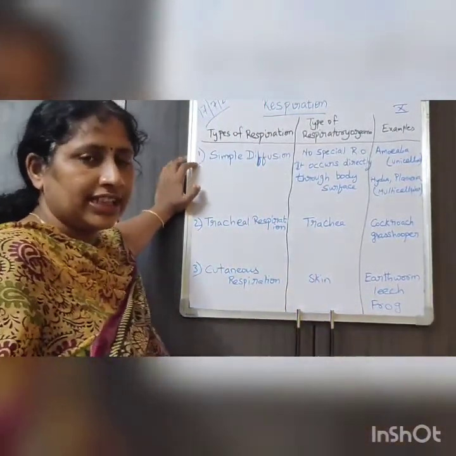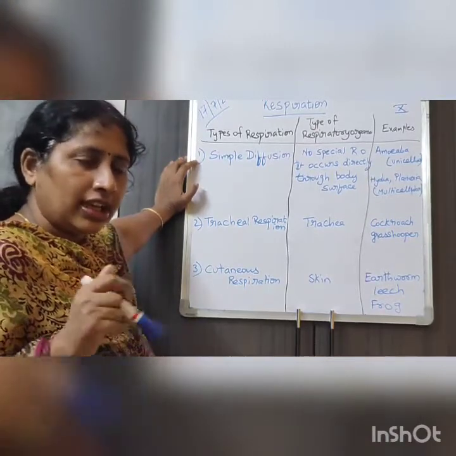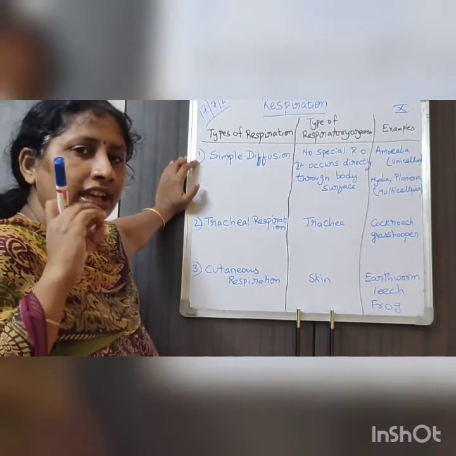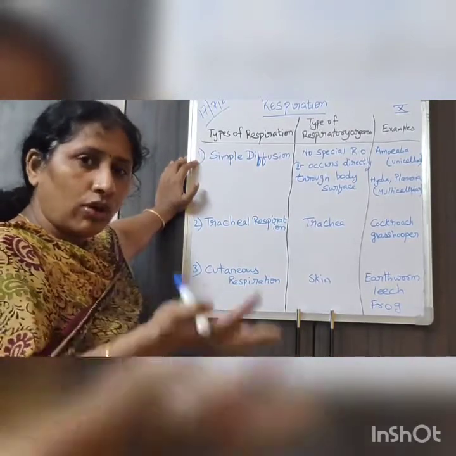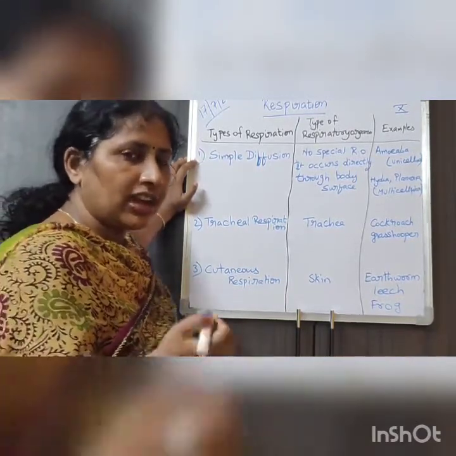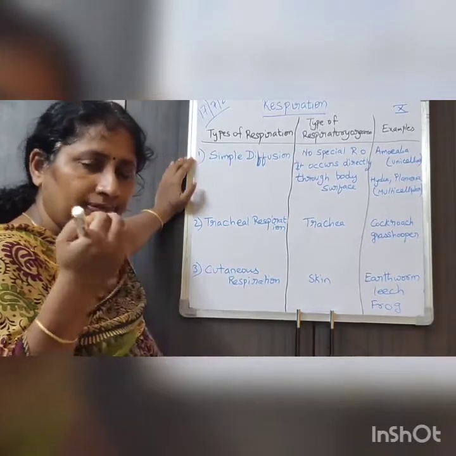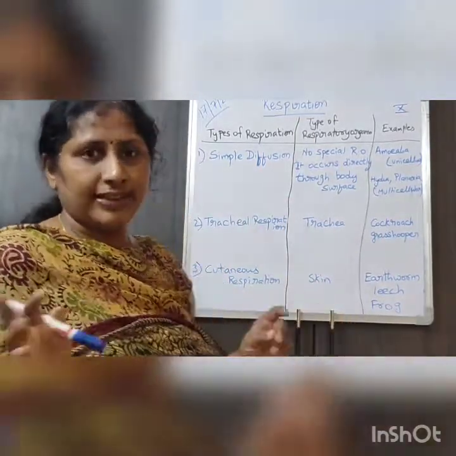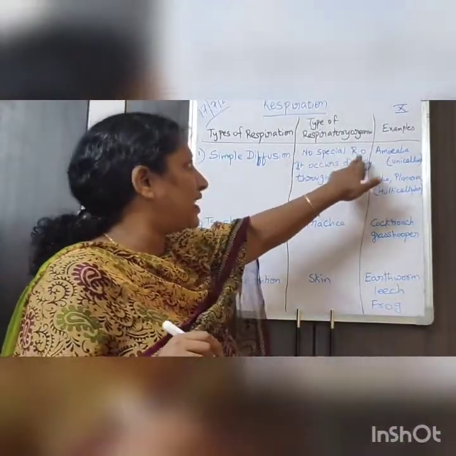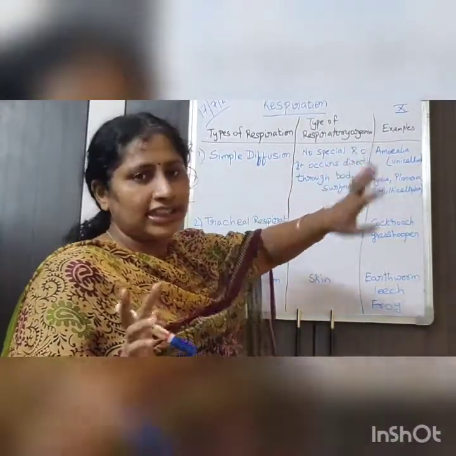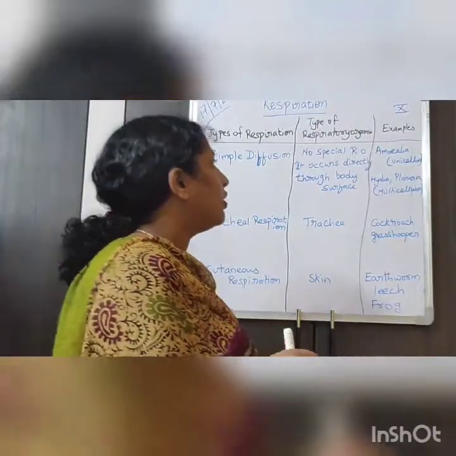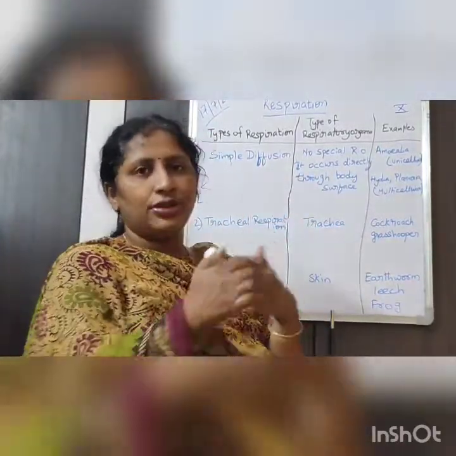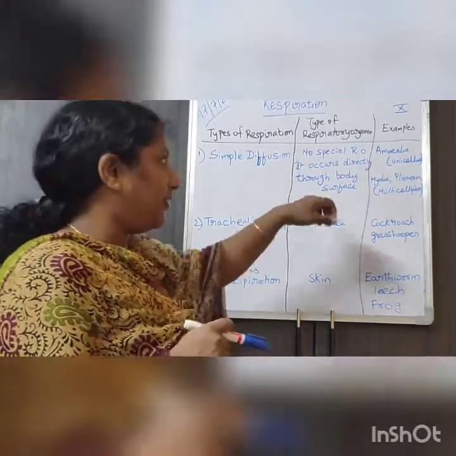Simple diffusion occurs in very small organisms, unicellular or very simple organisms. They don't have special respiratory organs. RO is nothing but respiratory organs. No special respiratory organs; it occurs directly through the body surface.